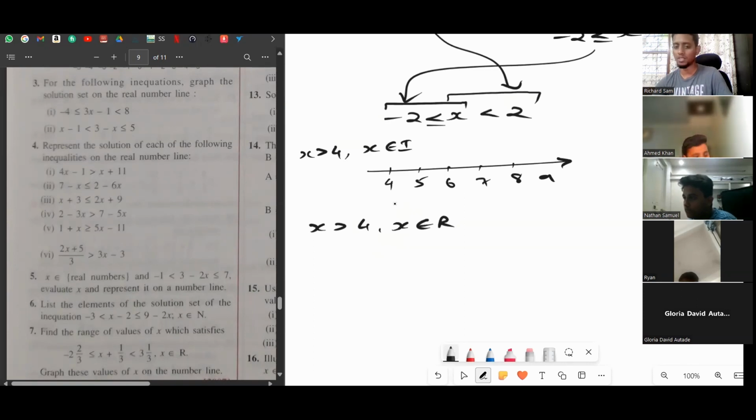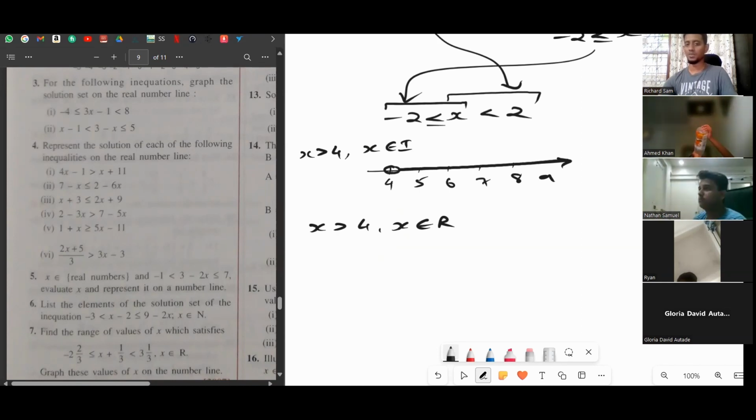Greater than 4 means you will draw a white circle and then you will draw a black line. This is if it's real. Real means you're including everything in between, all the decimal points. That's why we are drawing a black line. Integers means you're only including the whole numbers, no decimals. That's why we're marking each number separately. Okay.